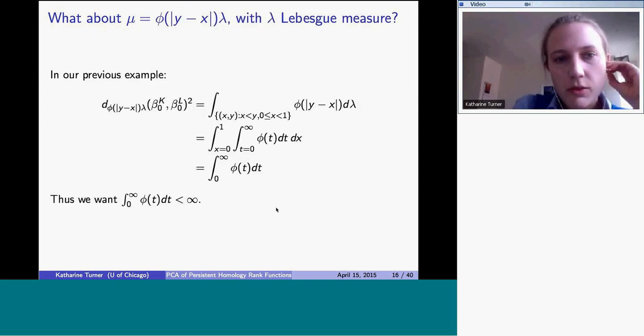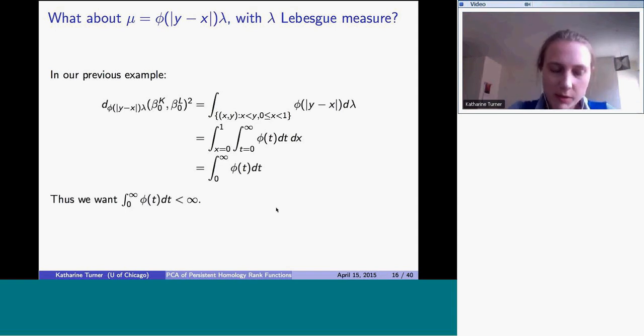So one other thing we could do is we can say, all right, instead of just taking Lebesgue measure, let's do a weighted version of Lebesgue measure where we weigh by how far away from the diagonal you are in some way. So we're going to have this function phi, which will decrease as you go away from the diagonal, and we'll take the integral of phi times Lebesgue measure.